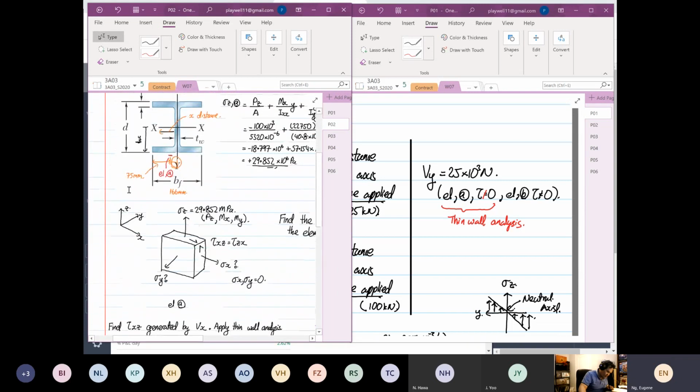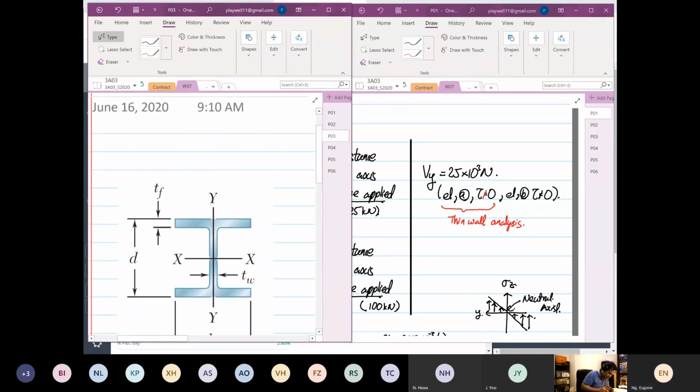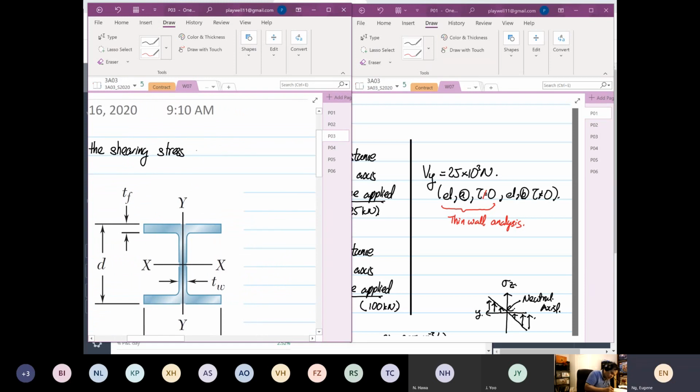Okay, so we are going to find the shearing stress induced by Vy.